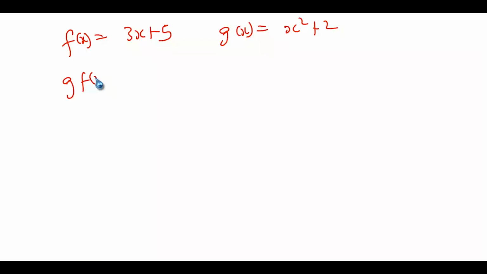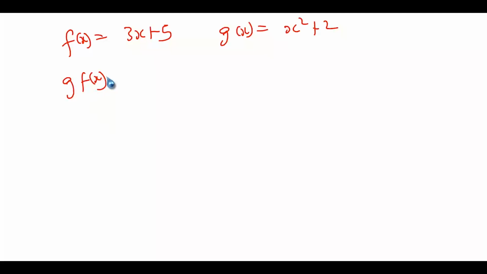Another thing you should know is composite function. Given that f of x equals 3x plus 5, then you have g of x equal to x squared plus 2. Then g f of x is referred to as a composite function, because we have the combination of functions g and f respectively.